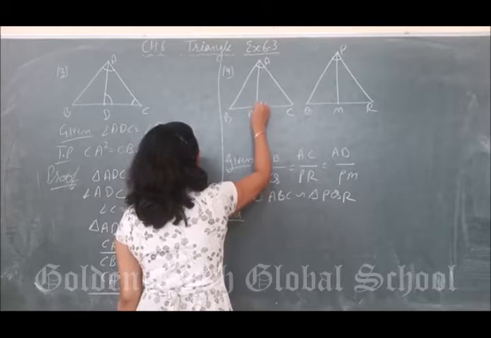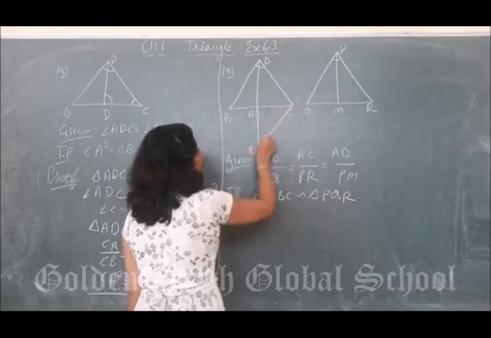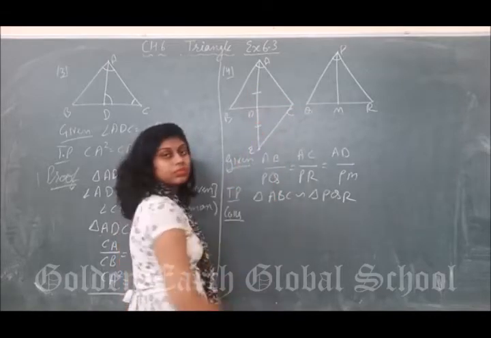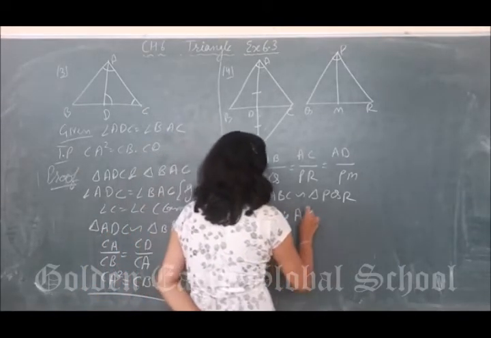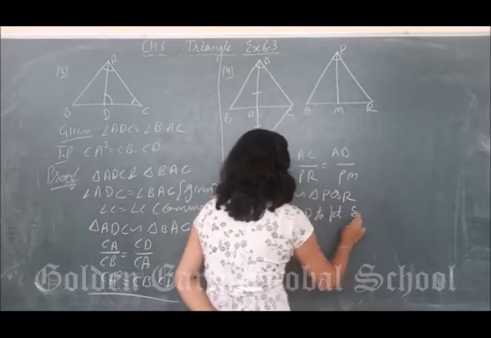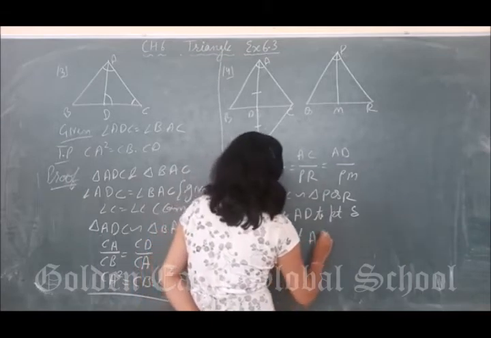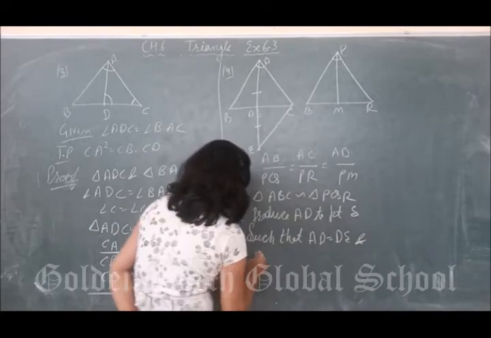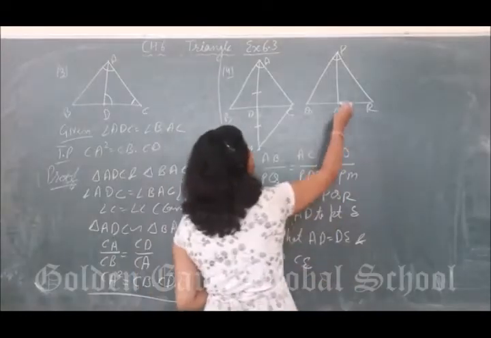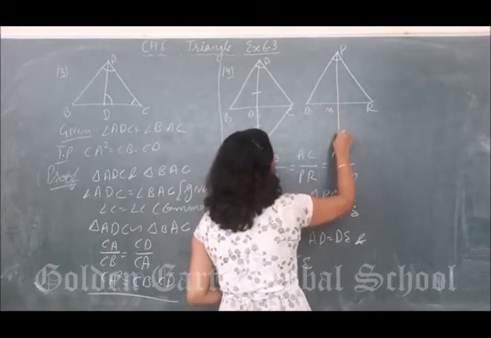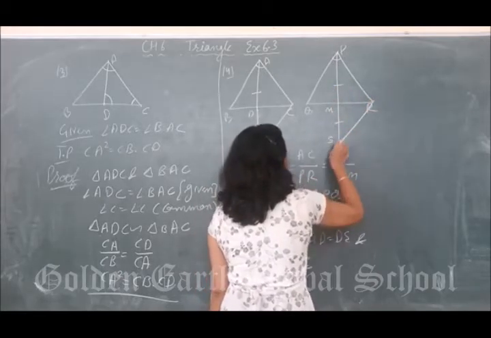Produce AD to point E such that AD is equal to DE and join CE. Similarly in this triangle, you will write: produce PM to point S such that PM is equal to MS and join RS.